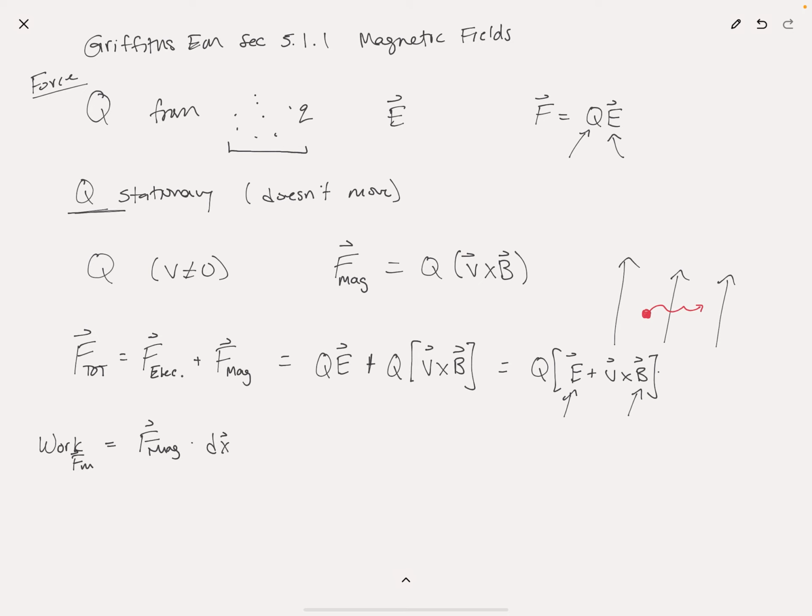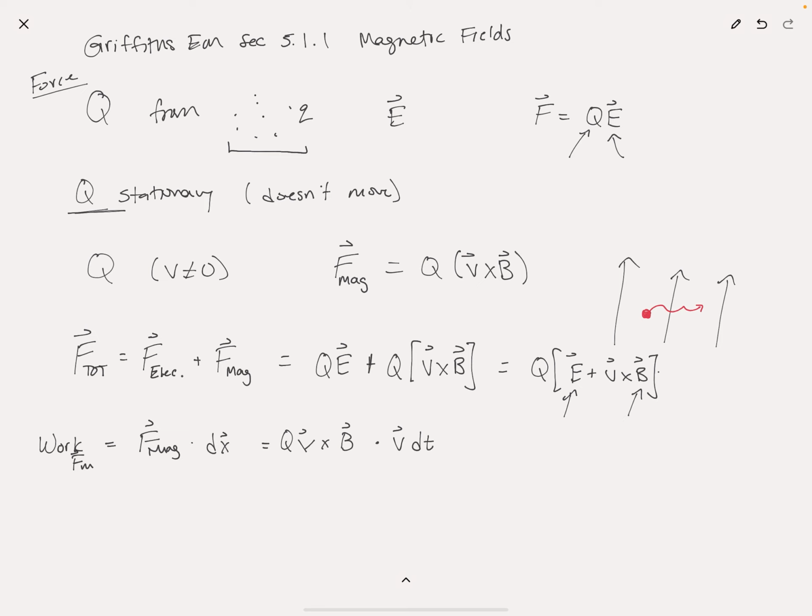A force dotted with the displacement is the amount of work that that force does. I can rewrite that as Q V cross B, that's the magnetic force that I just wrote. And then I have to dot that with the displacement, which is really just V times dt.